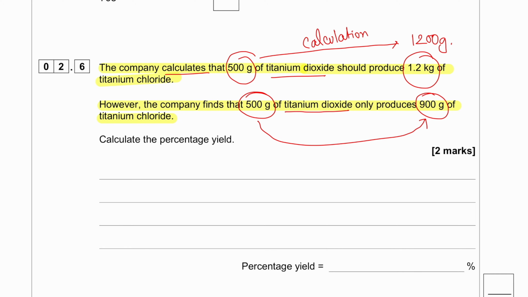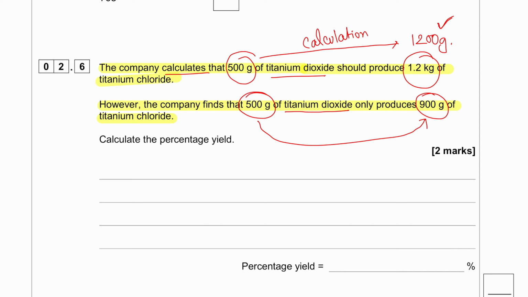And it can have moisture in it, which is just an unnecessary mass when we are calculating. So in reality we're not going to get the same amount of product that we're supposed to get, because calculation assumes that everything is 100% pure. But in real life nothing is ever 100% pure.